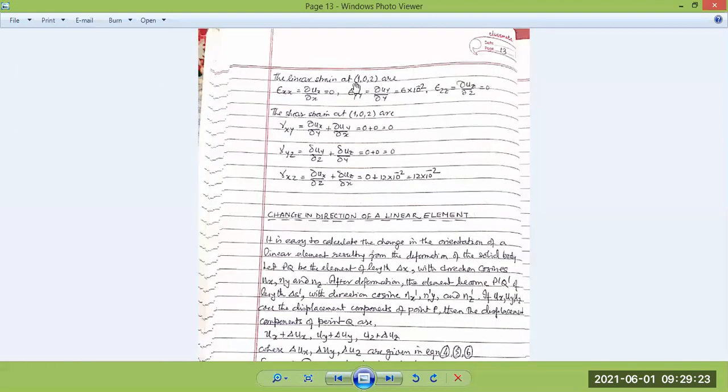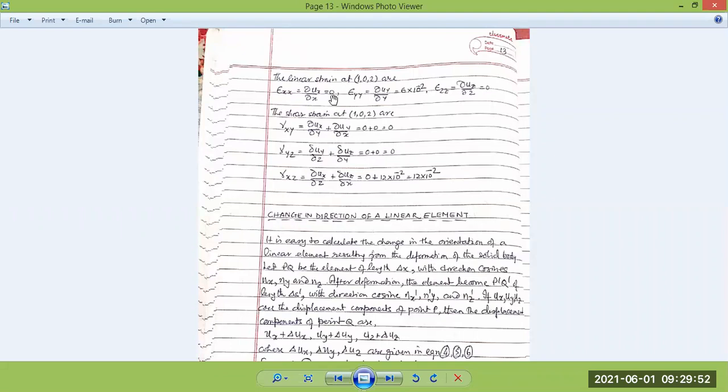Similarly, we can get the linear strain if we put the coordinates of the point P, whose initial point was 1, 0, 2. So we can safely find out by putting the values 1, 0, and 2 in the respective expressions what the deformation is along the x-axis, y-axis, and z-axis, which is supposed to be tensile in nature.